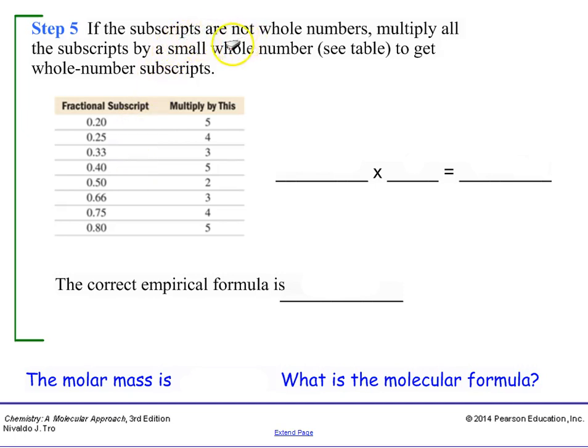So if the subscripts aren't whole numbers, multiply them as it's shown in this chart. So we end up with C2.25H2O, and because it ends with 2.25, we're going to multiply everything by 4. Multiply it out, and I end up with C9H8O4. So that's the correct empirical formula.